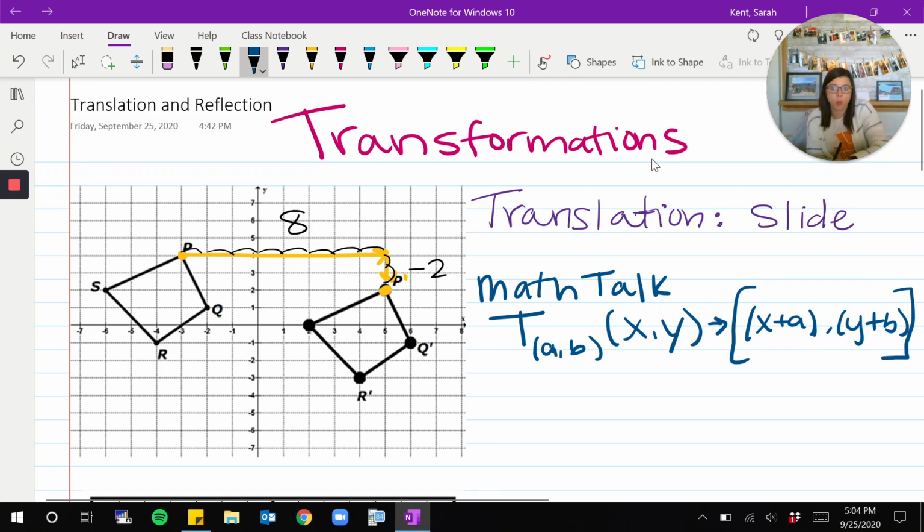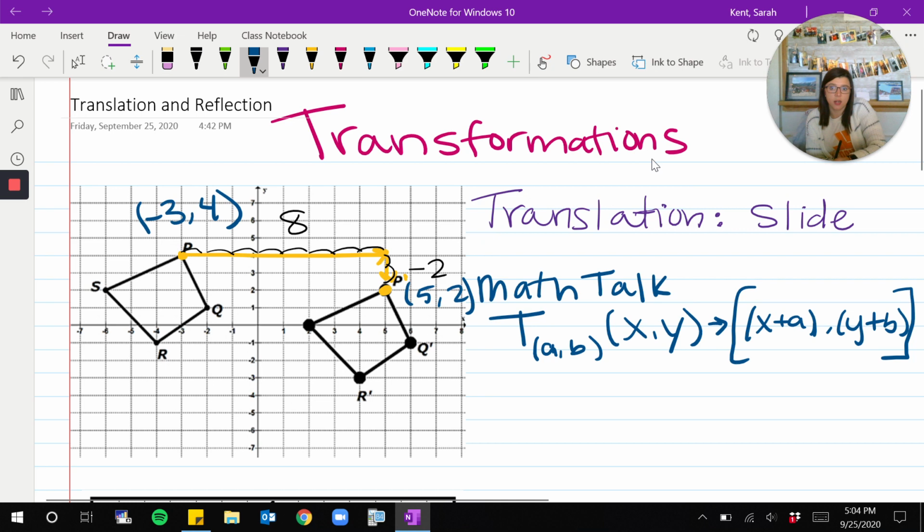So here, old point P is -3, 4. And if I take -3 plus 8, it should get me +5, which is where I end up. And then if I take 4 plus -2, it gives me 2.